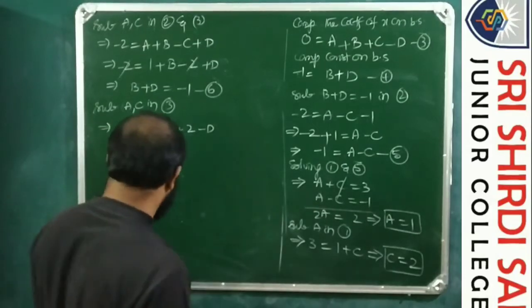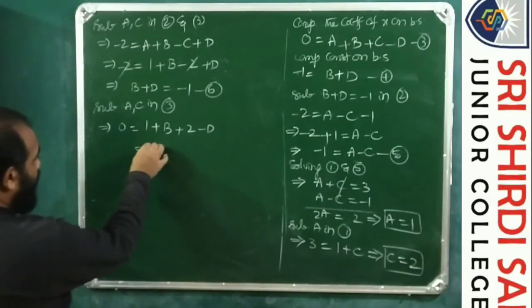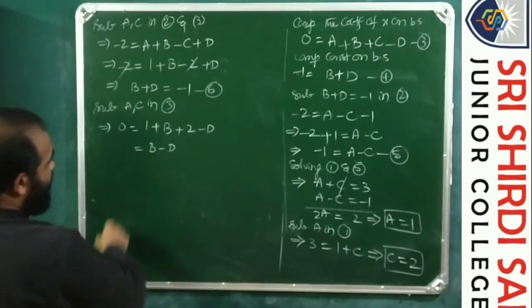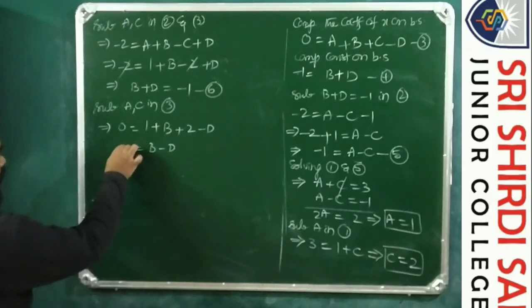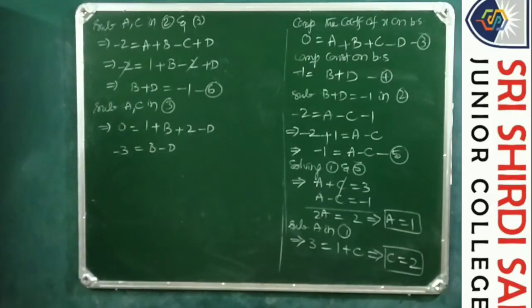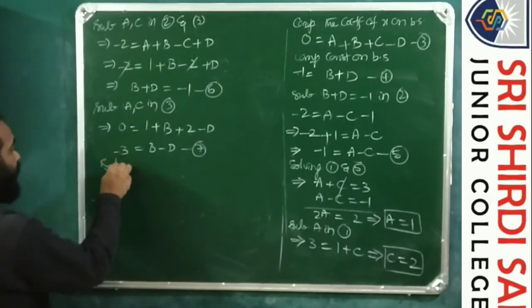So this is equal to b plus d plus 3. If you transpose this to this side, this is minus 3. So b minus d is minus 3, this is the seventh equation.